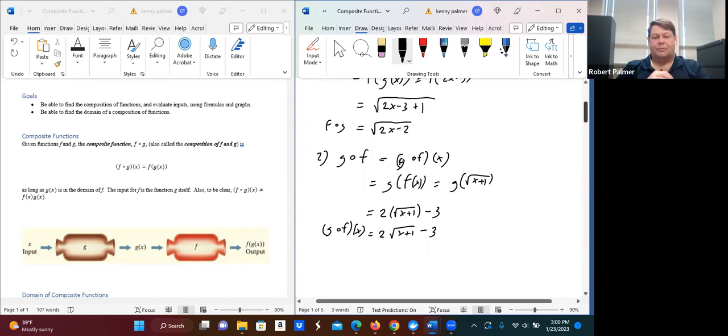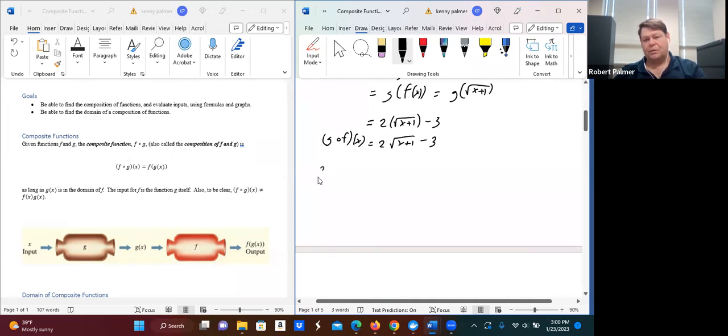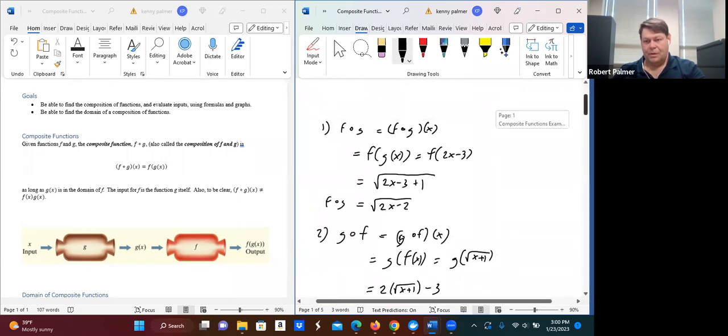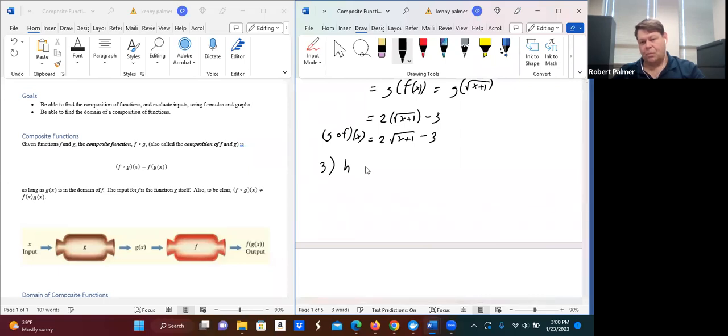Okay. Now, let's do a third one. And I'll go ahead and start right here. So 3. How about I do h composed with g? Okay, so it can also be written like this: h composed with g of x.